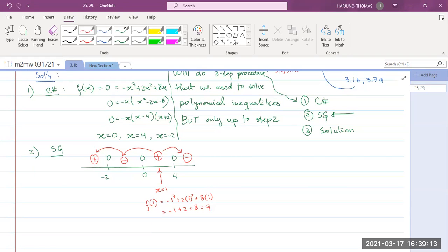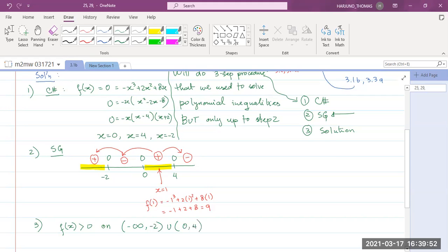Okay, now at this point we can answer the question. At what x is f(x) positive? f(x) is positive on this interval and this interval, right? The function is positive on negative infinity up to negative 2, union from 0 to 4.